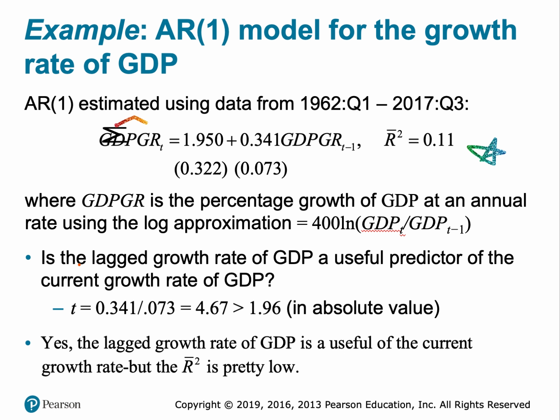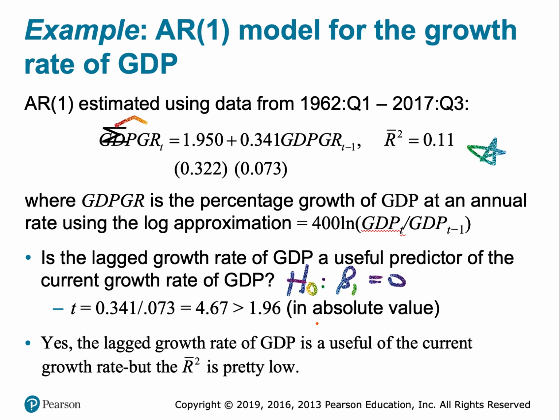So let's ask, is the lagged growth rate of GDP a useful predictor of the current growth rate of GDP? We're going to test the null hypothesis that beta 1 equals 0. The test statistic is the value of the coefficient minus 0 over the standard error, which is 0.31 divided by 0.073. That's equal to 4.67, which is greater than 1.96, the critical value at a level of significance of 5% in absolute value.